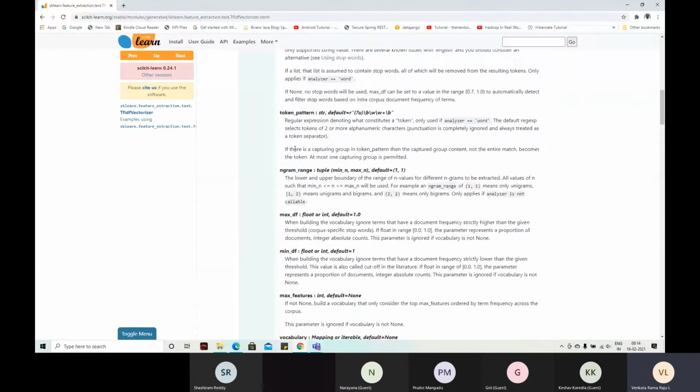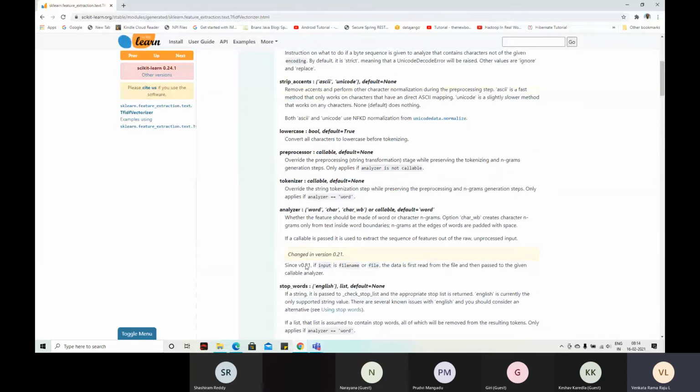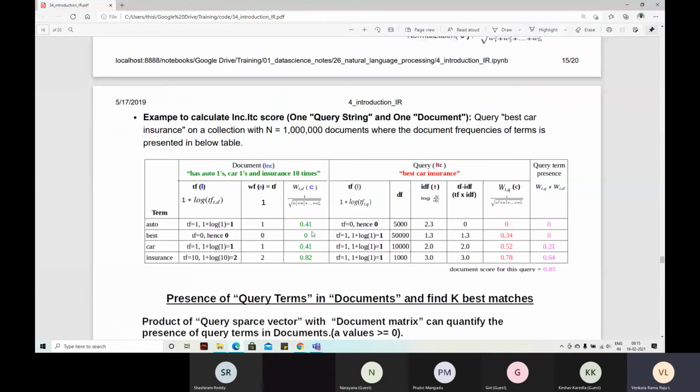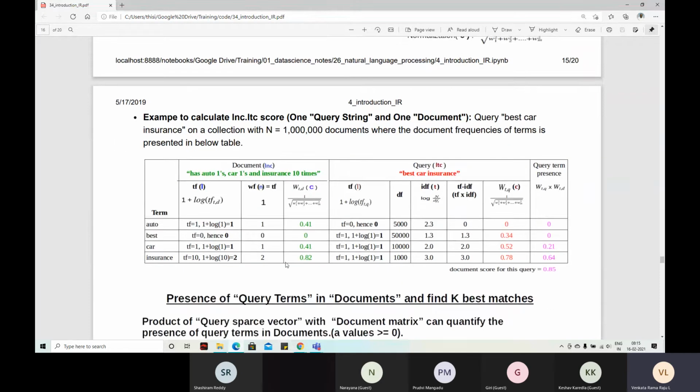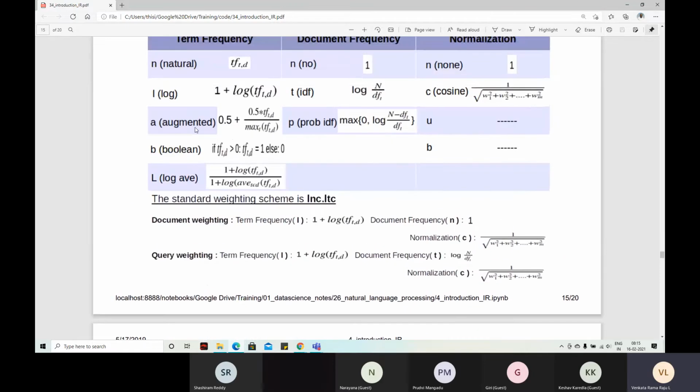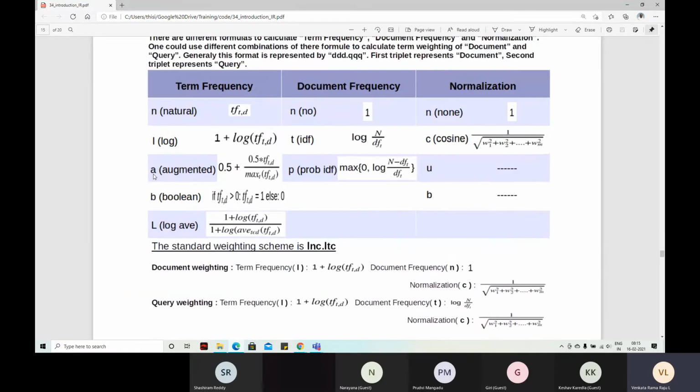If you look at this API, whatever we covered here will be present. Some combinations of the different ways of calculating the TF-IDF score you can do. These complex combinations you cannot do, because the implementation is not present. Those implementations are not present in scikit-learn, maybe because they are not that efficient, maybe they take a lot of time but do not give much accuracy.